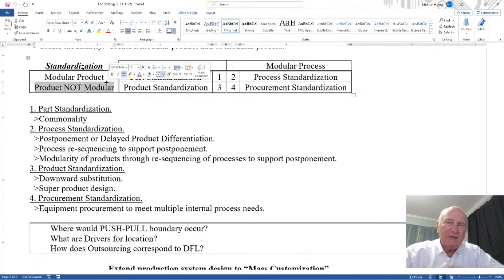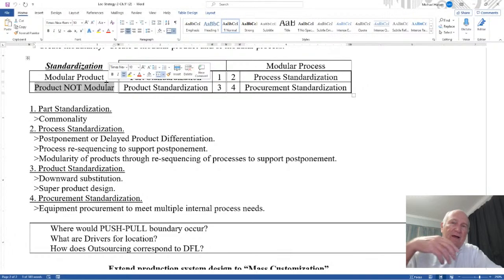And so what they did, they shut down operations and they standardized their procurement. And instead of having all these separate machines, they had one big machine, and it was an outlay. And it was a redesign of their process, and they modularized their process. So this machine could do all of it, but it was one machine that did it, and they did it more efficiently and quickly and high quality.